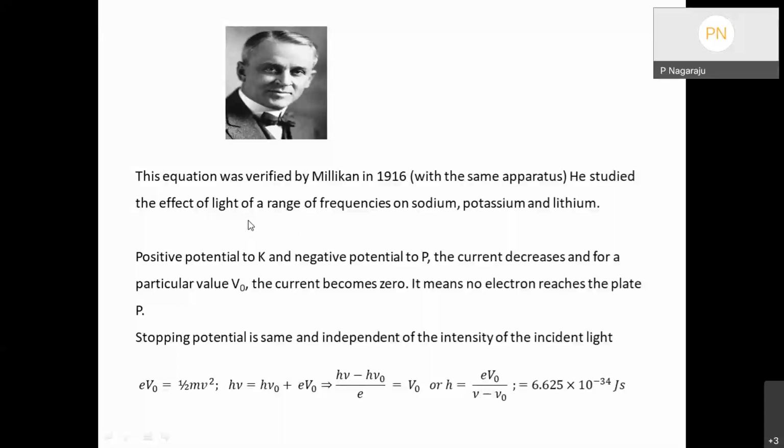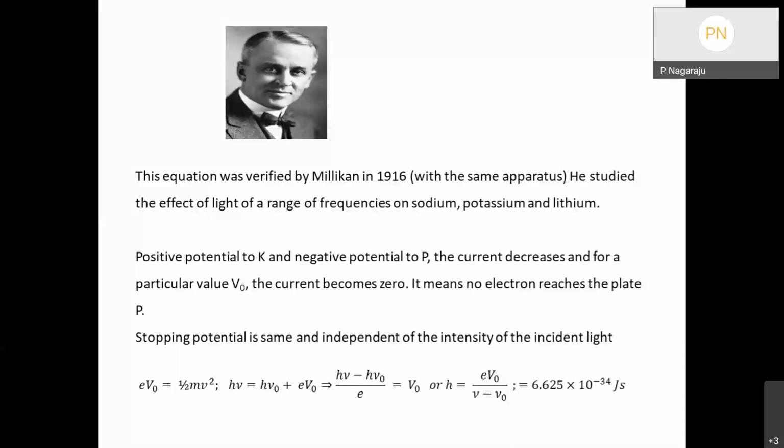In fact, as I mentioned in the beginning, Millikan, in the year 1916, thought that he could disprove Einstein's photoelectric equation. He repeated the photoelectric experiment with all the details like what others had done, thinking that he would be able to disprove Einstein's photoelectric equation.